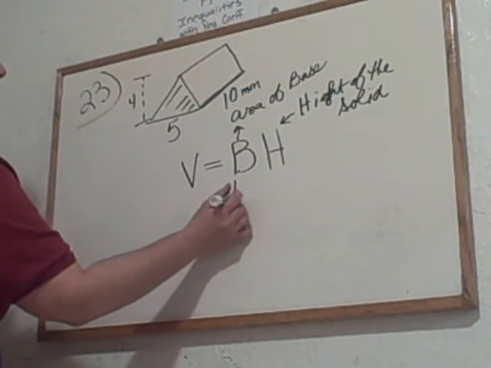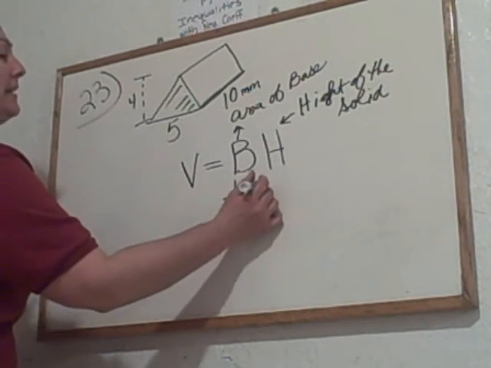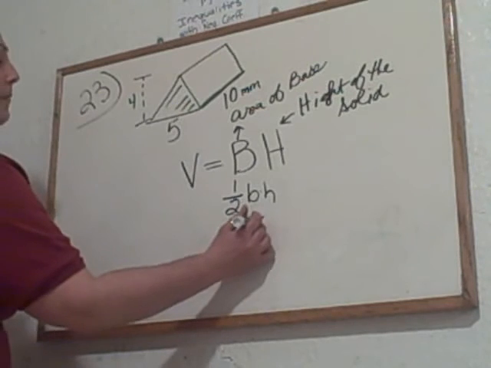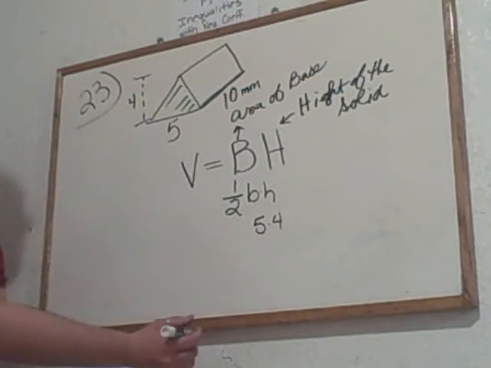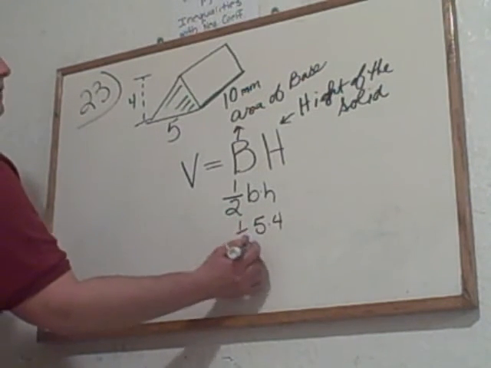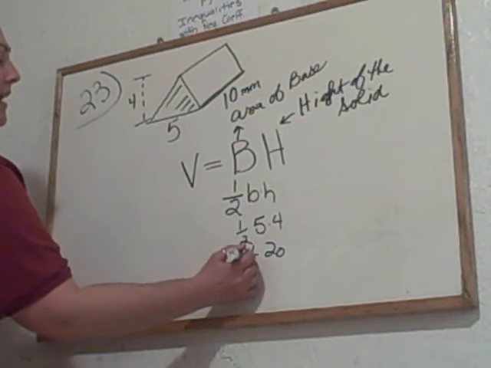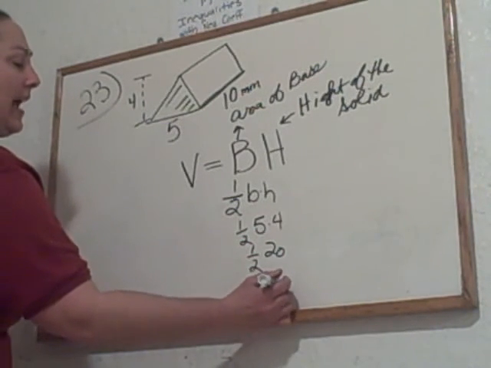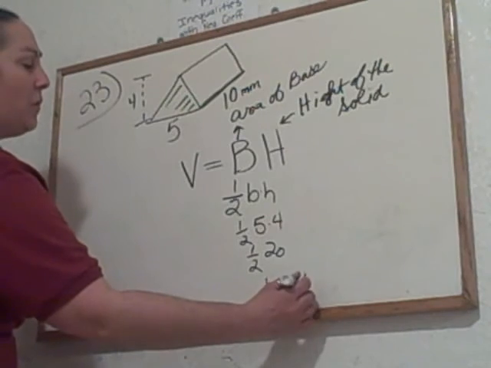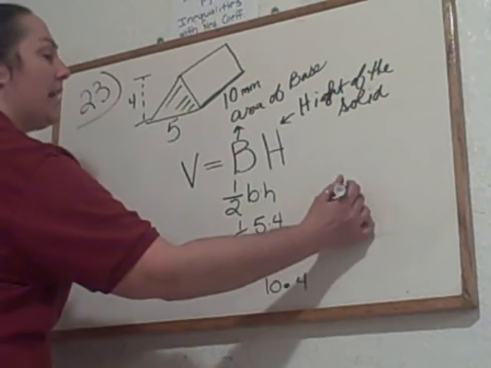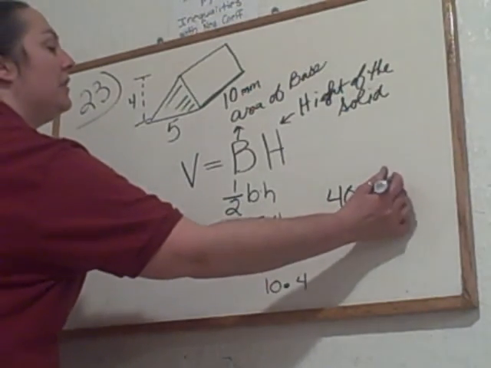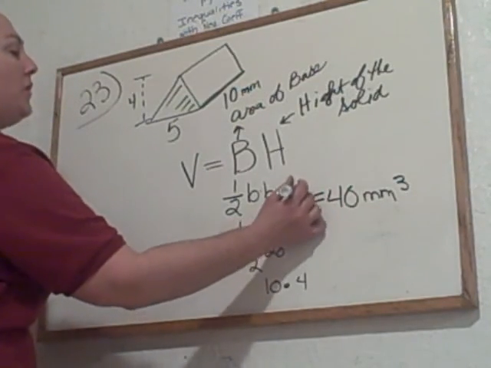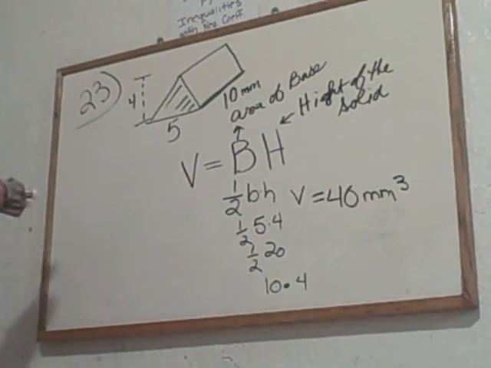The formula for the area of the triangle is 1/2 base times height. The base is 5, the height is 4, and half of that would be 20 divided by 2 is 10. I take the 10, I multiply it times the 4 to get 40 millimeters cubed as the volume of the triangular prism.